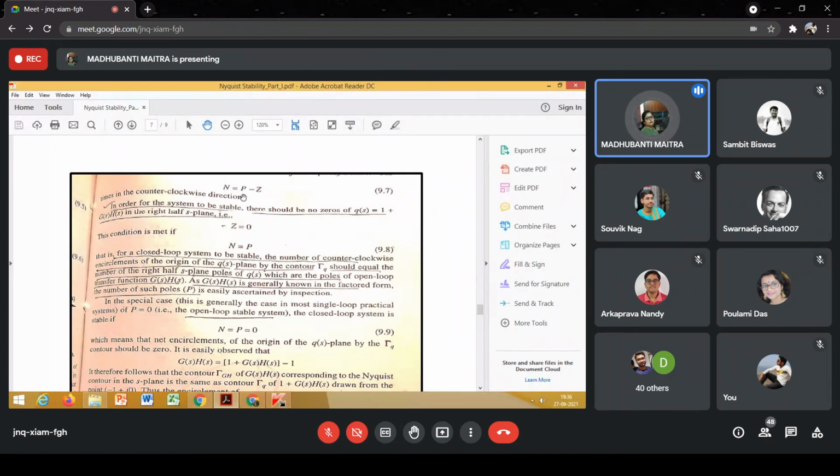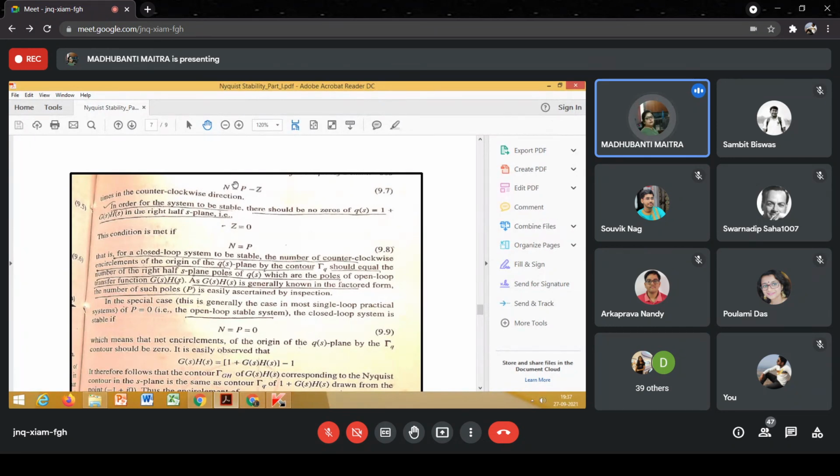So for P number of poles of Q(S), the corresponding Q(S) plane contour will encircle the origin of the Q(S) plane P number of times in counterclockwise direction, and for the Z number of enclosed zeros of Q(S), the corresponding contour on the Q(S) plane will encircle the origin Z number of times in clockwise direction.